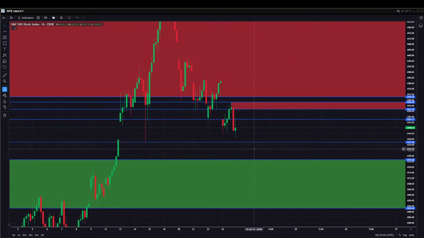So these are my levels I'll be paying attention to: 43.54, 43.37, and then 43.25. Exactly. Especially the key levels are very important to see and know on SPX.